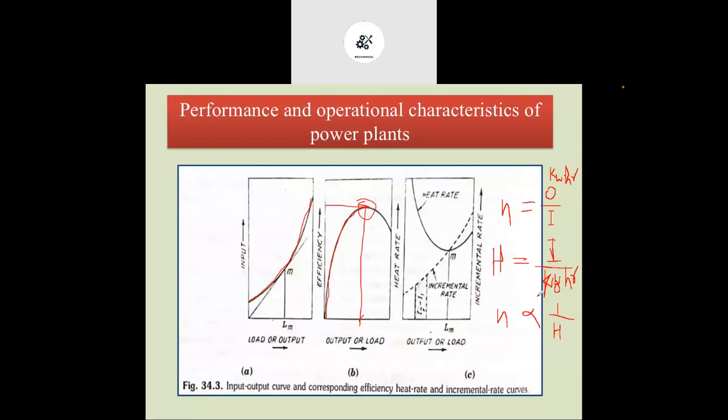And efficiency and heat rate are inversely proportional. So heat rate we can find as input upon output, or define it as the amount of input energy required to produce 1 kilowatt of electricity or 1 kilowatt of power.